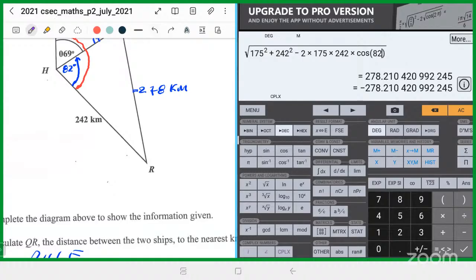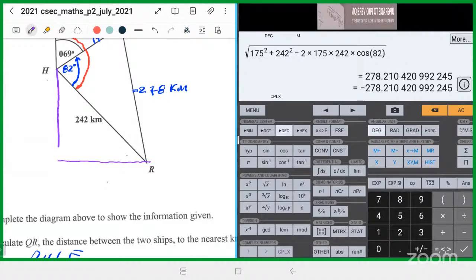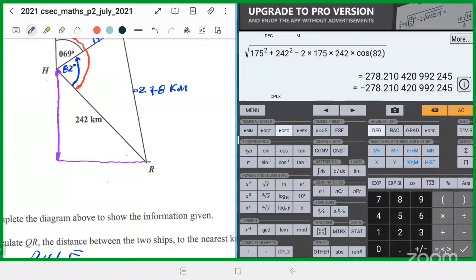You put in the east-west line here, and then the distance that I want is this. If I wanted how far east R is, then they would want this distance. In this question, I want this distance.